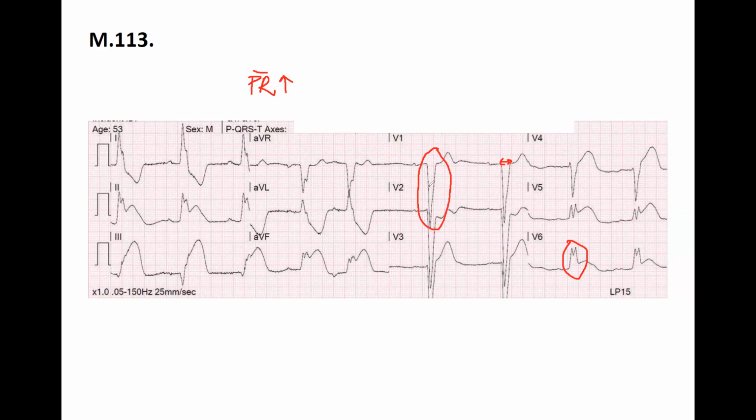Oh sorry, no, that's a QS complex, not an R wave. So where can you see the wide notched R wave? In V6, V5. Look at this one, it's a sitting rabbit. I don't like this phrase, but it's a sitting rabbit. So that's a left bundle branch block. Good, very good.